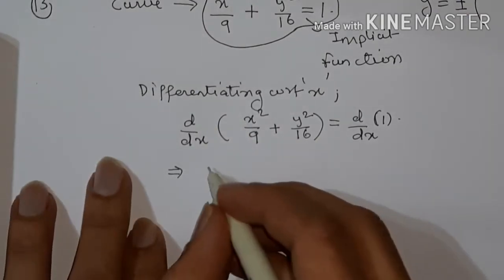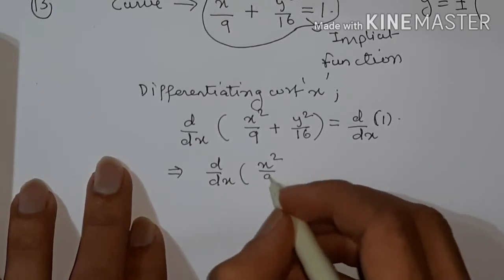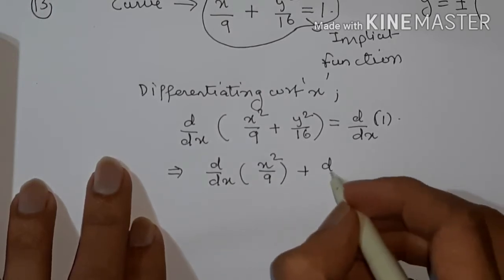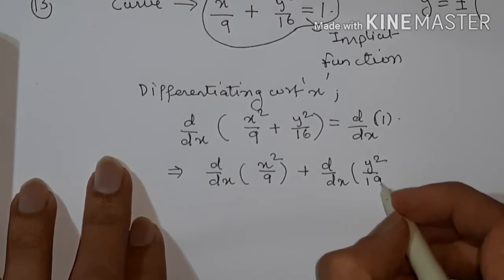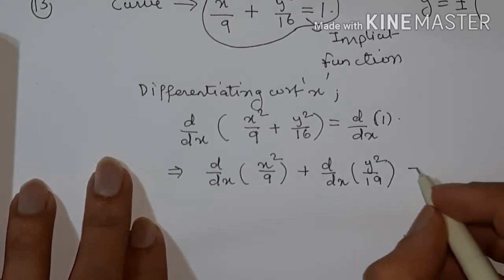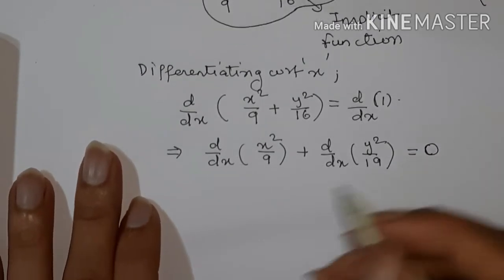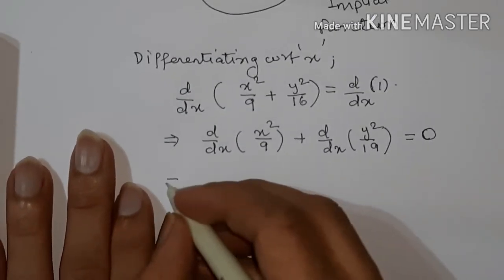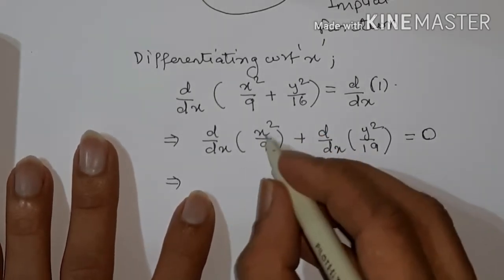So now if you differentiate this, it is the differentiation of x square divided by 9 plus differentiation of y square divided by 16, equal to d by dx of 1, which is 0. Now what is d by dx of x square divided by 9?